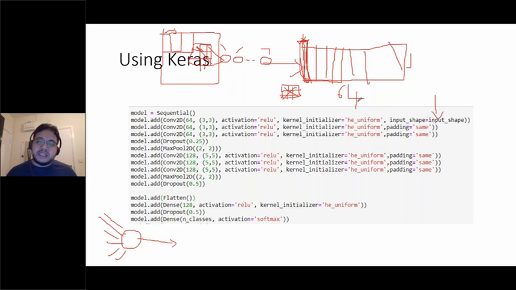We have 64 basic shapes, like this one. Maybe we have another one like this, maybe something like this. And they are determined, of course, by backpropagation and gradient descent.